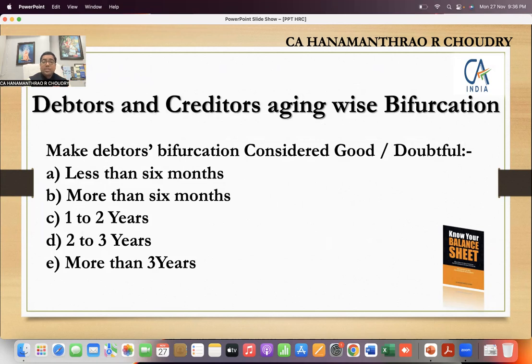Debtors and creditors aging-wise bifurcations. This is also very important. Make the bifurcations of debtors as good or doubtful, less than 6 months, more than 6 months, 1 to 2 years, 2 to 3 years, and more than 3 years. In the case of a private limited company, we have to make the bifurcations of MSME suppliers and non-MSME suppliers, as well as debtors and creditors.